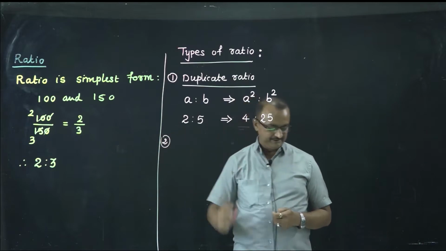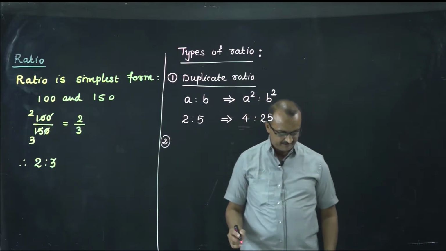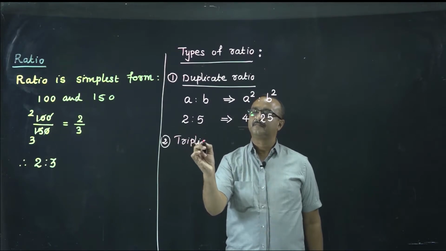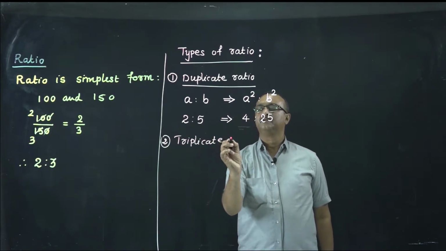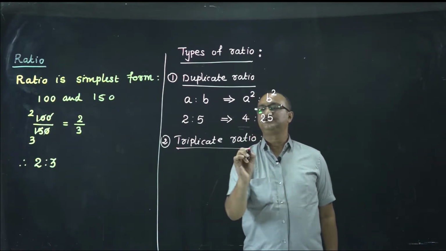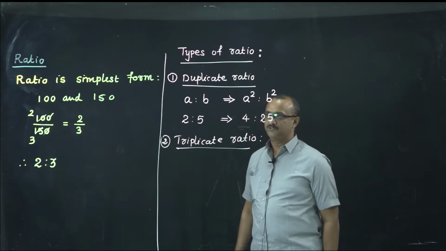Second type of ratio is triplicate ratio. Triplicate ratio is the cube of two terms.